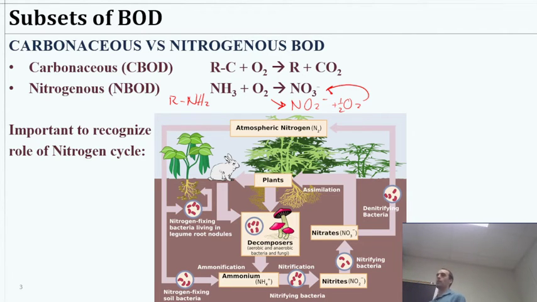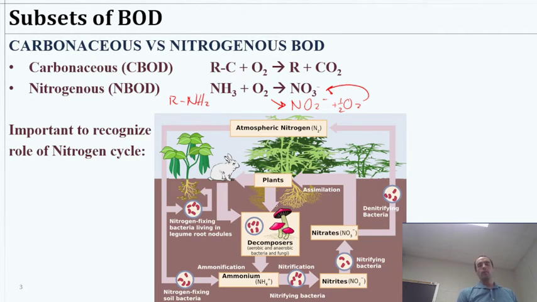It releases some energy. Okay, so bacteria will do this as an energy source. And these NO2 and especially NO3 are more stable forms of nitrogen in water, and so they will be converting this organic or ammonia type nitrogen into nitrites and then nitrates.